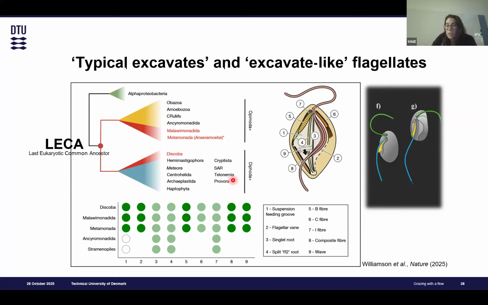Whether the origin is because they share a common ancestor from which they obtained these features, or whether these structures have evolved independently.